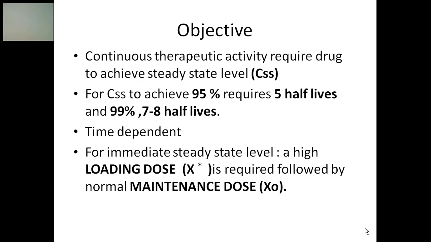But keep in mind that while prescribing a loading dose, it should not cross the toxicity level. So these are the considerations and objectives which have to be taken into account while prescribing the drug. Now let us try understanding it graphically.